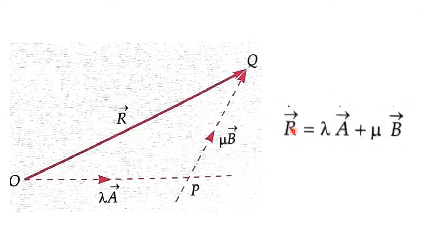Therefore, according to my triangle law, your R vector is the vector sum of lambda A bar and mu B bar. Fine. So this is the resolution of vectors. Splitting of this resultant vector R into its corresponding component vectors, your lambda A bar and your mu B bar. Fine.